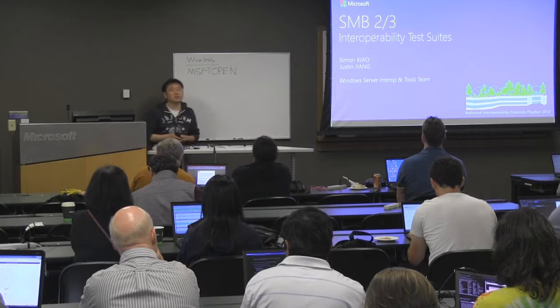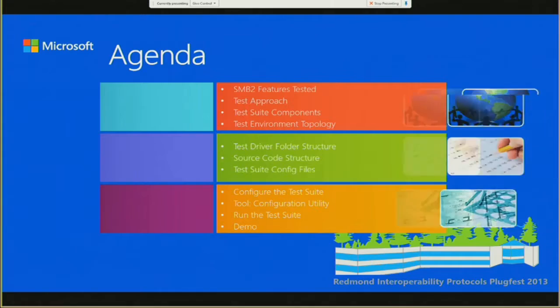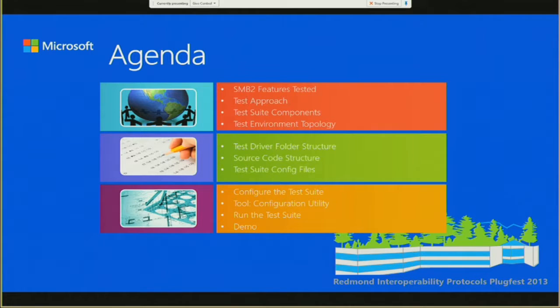Okay, let's go into the introduction. I basically want to introduce two or three parts. In the first part, I would like to introduce what features we covered in the test suite.